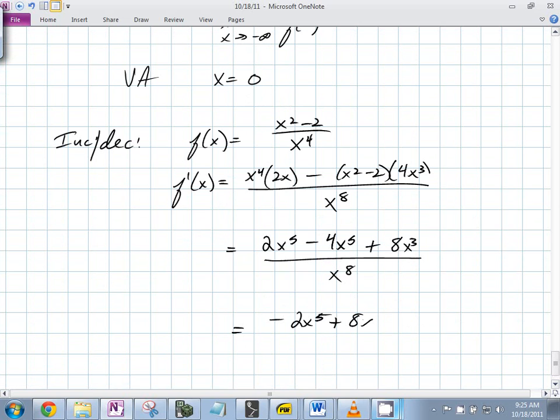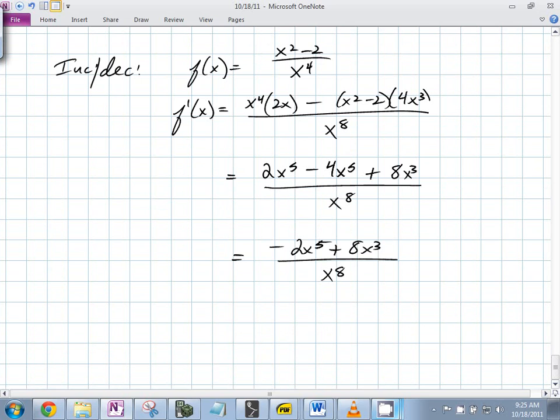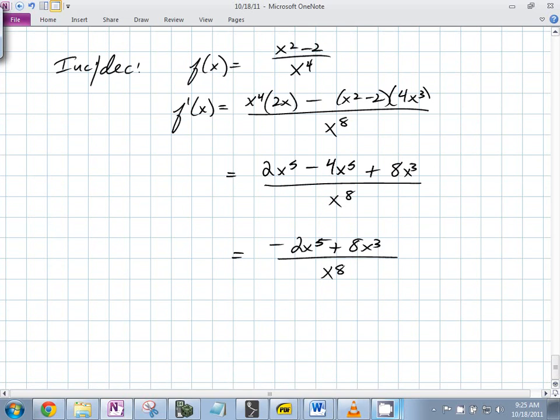So therefore, why are we looking at this? Because we want to know where the first derivative is equal to 0 or where it's undefined. Those are called the critical points. Could we simplify this a little further first? What could we pull out? x cubed.